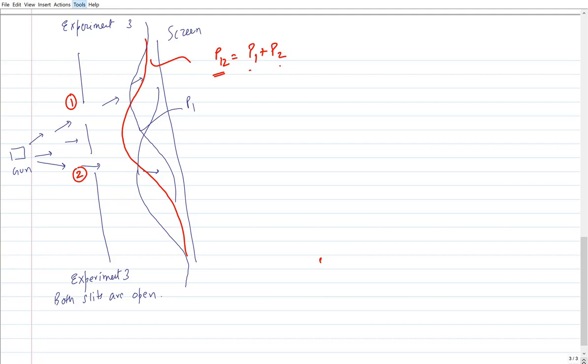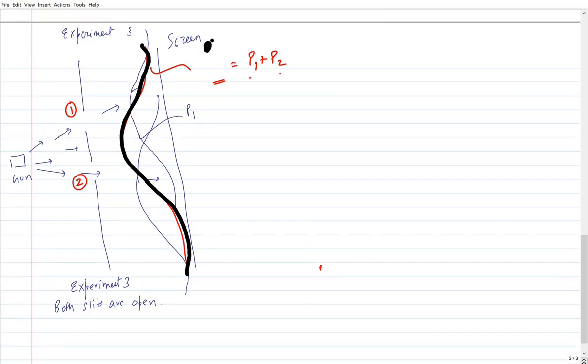Maybe a black pen, black ink would do justice to it. So this was P12. So P12 was the sum of P1 and P2.